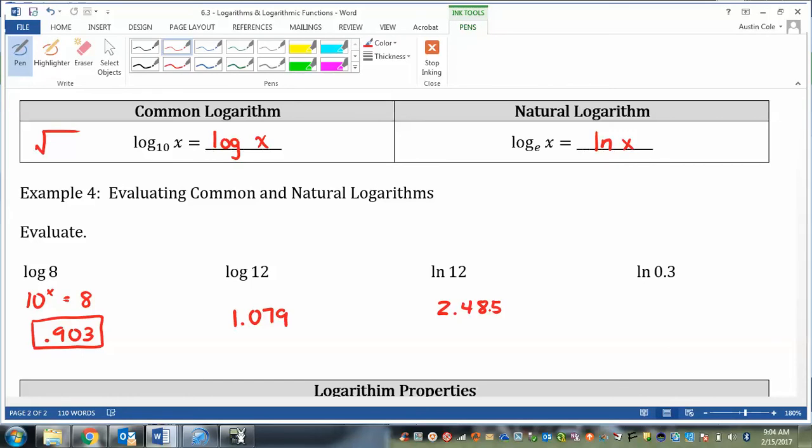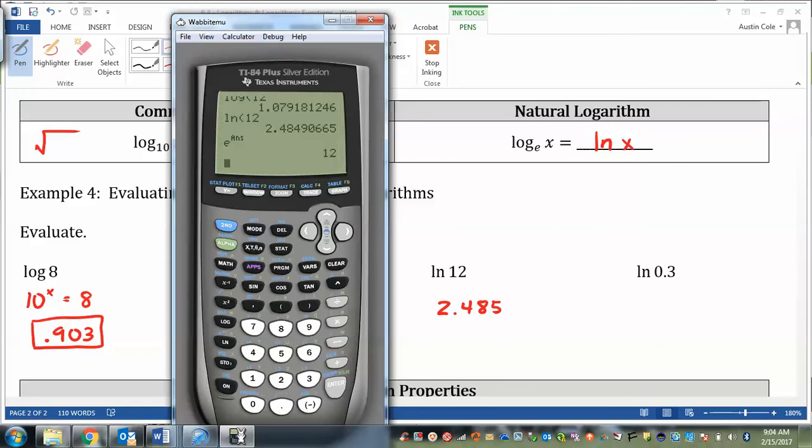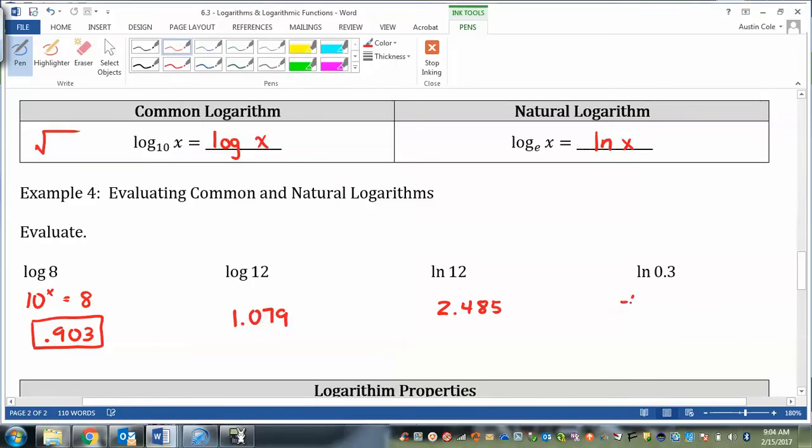It's that natural number that we approached on our graph. And again, do that for me: natural log of 0.3. Negative 1.204. How do you get natural log again?